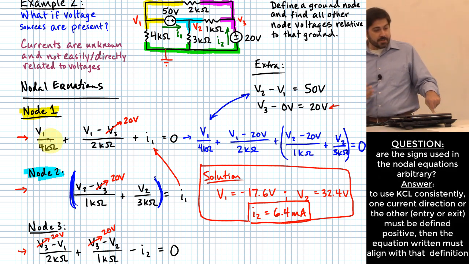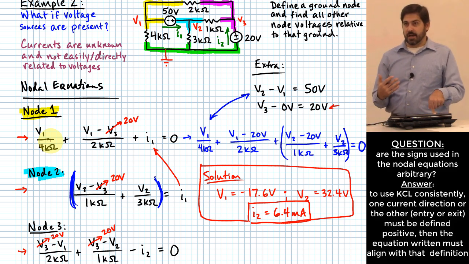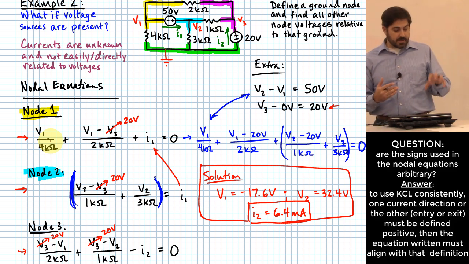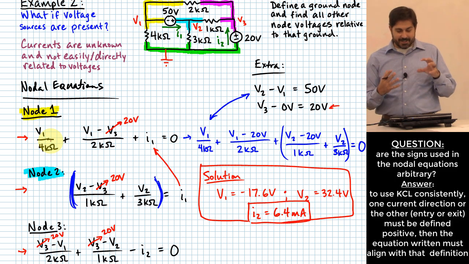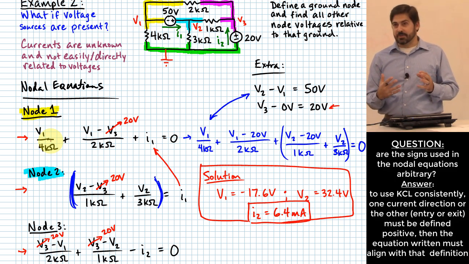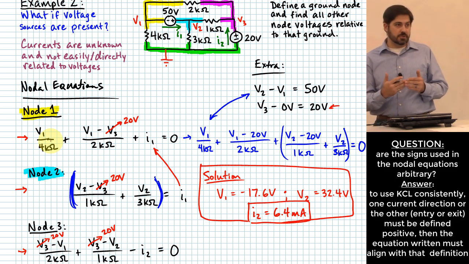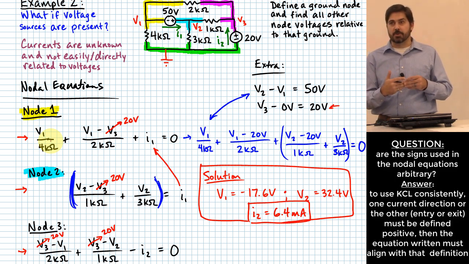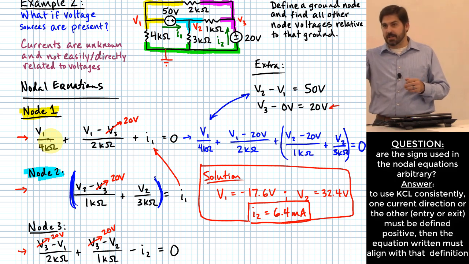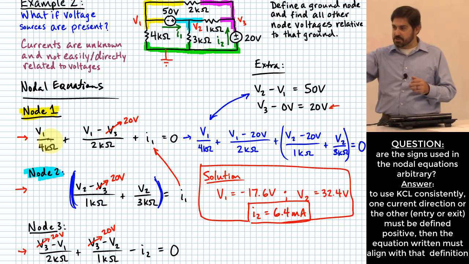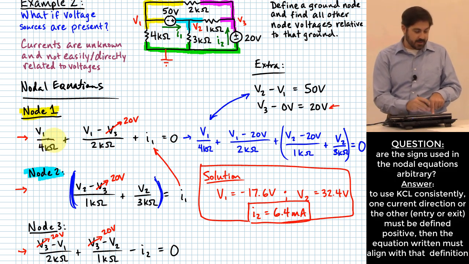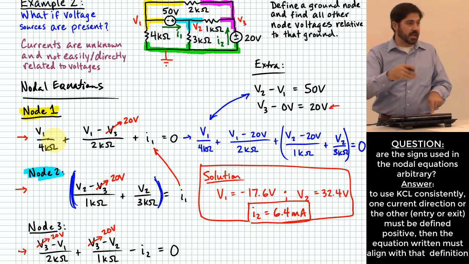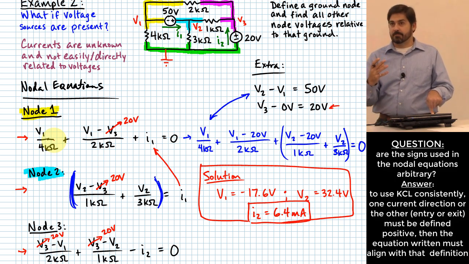So are the signs arbitrary then? The question is, are the signs arbitrary? And the answer is that, as with many things, yes and no. You get to choose what direction you are assuming to be positive. That's arbitrary. You can assume exiting is positive and make all of your signs match exiting. In other words, when you're writing your equation, you can say, any current that's exiting, I'm going to count as a positive term.